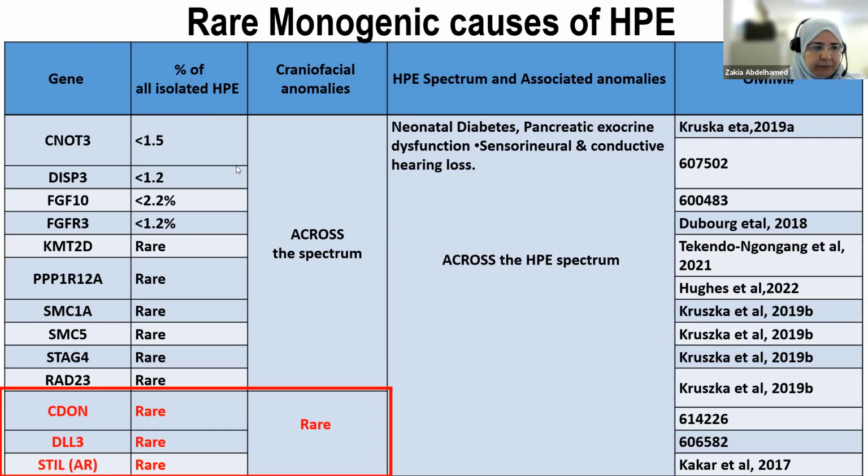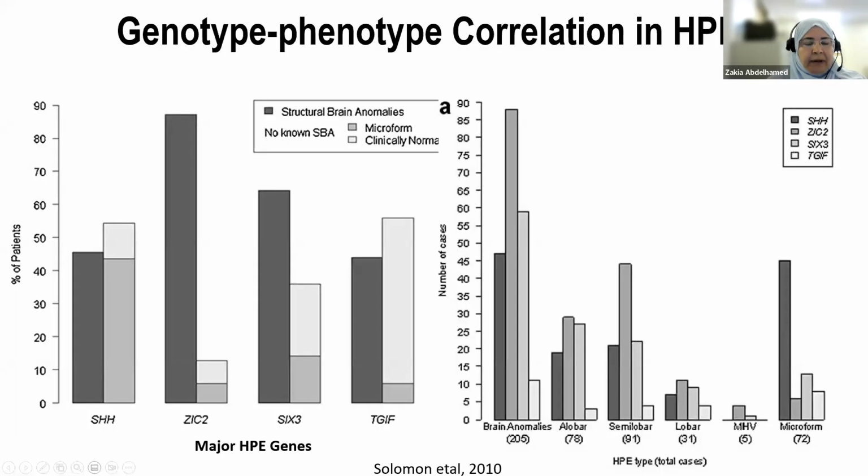And some of these, like CDON, are found downstream of sonic hedgehog signaling. That's why it is involved in the condition. However, it is also rarely causing craniofacial malformation, along with DLL3 and this gene, and this one is inherited as an autosomal recessive.